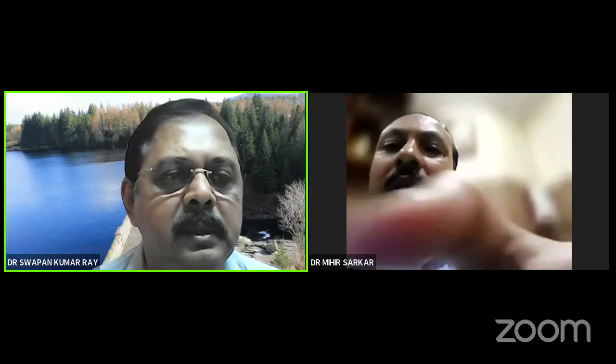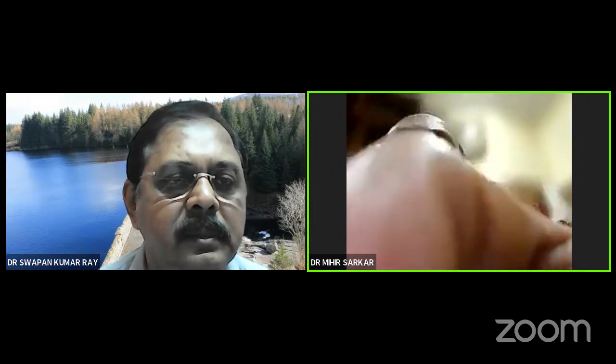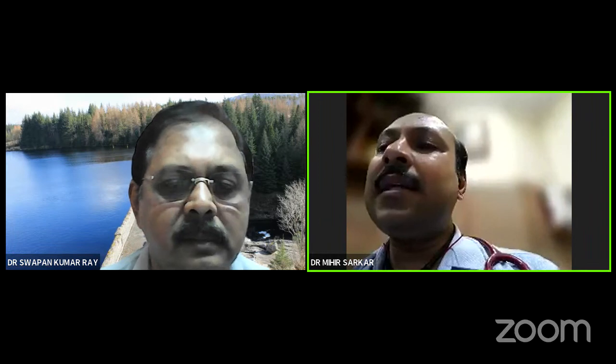One question is that, am I audible? Yes, yes. One question is that, please explain the minor fissure landmark on lateral chest X-ray in the right lung.